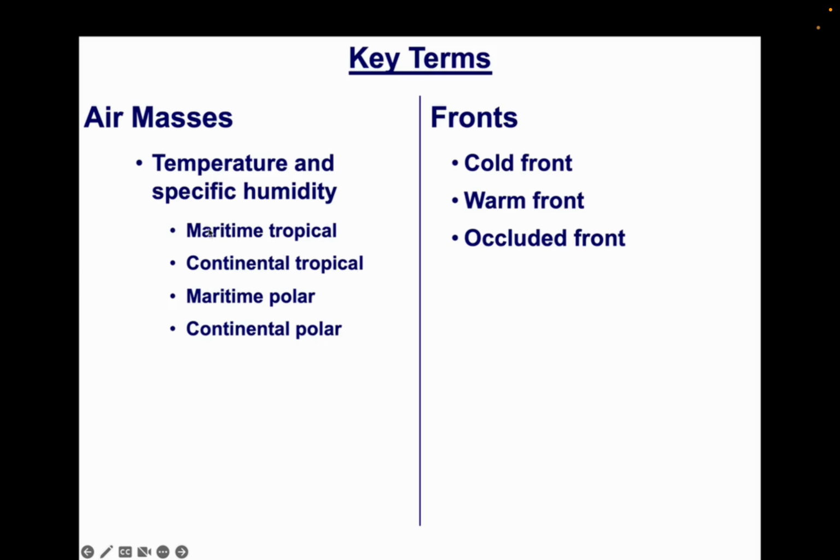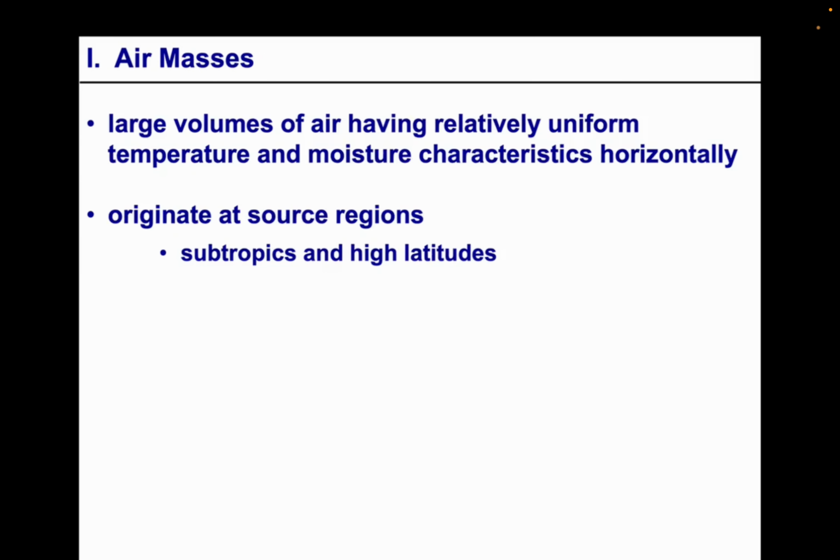So if it's maritime tropical, it tells you that it comes from the ocean. If the air mass is originating from the ocean, it would have the maritime initial, while if the continent is the source, like the continental polar and continental tropical, it would have continental added to its name, right?